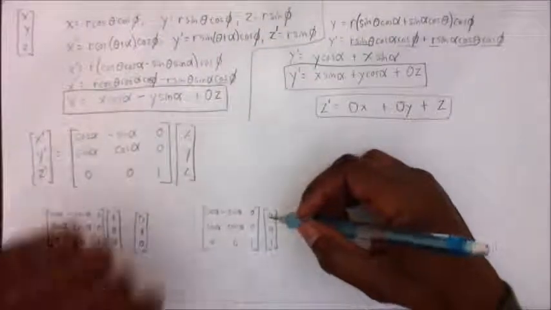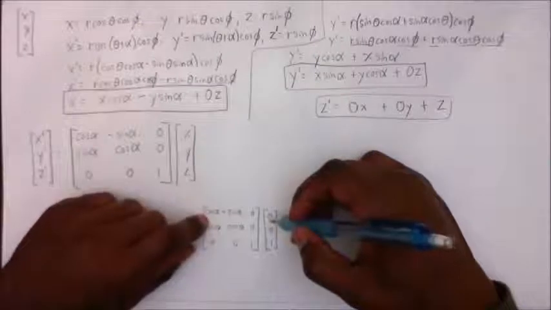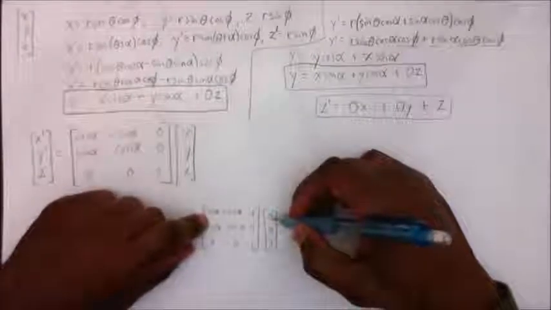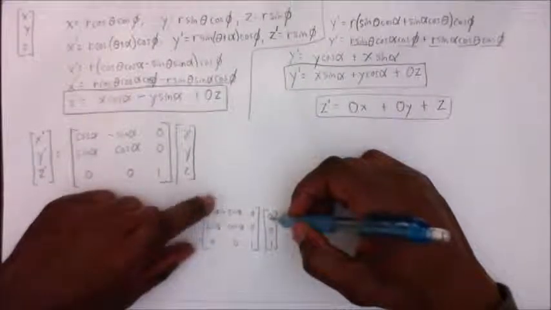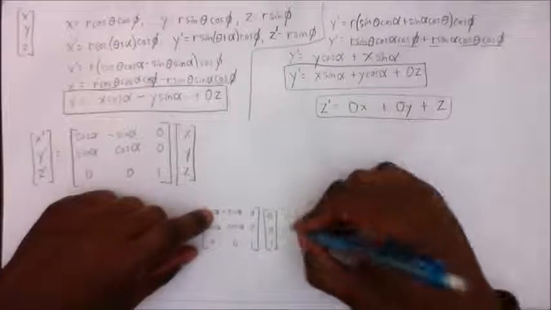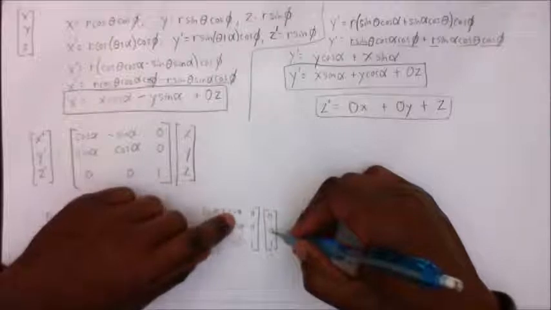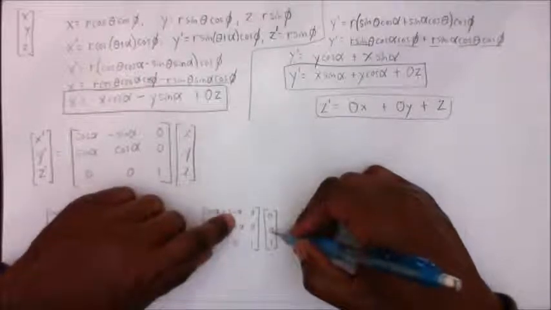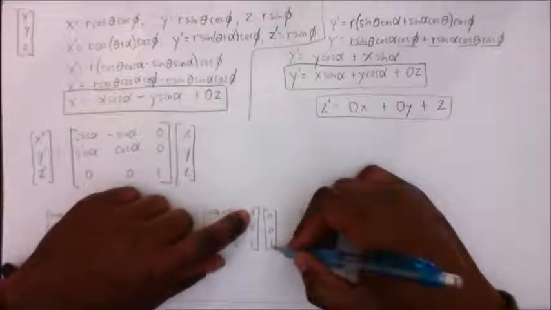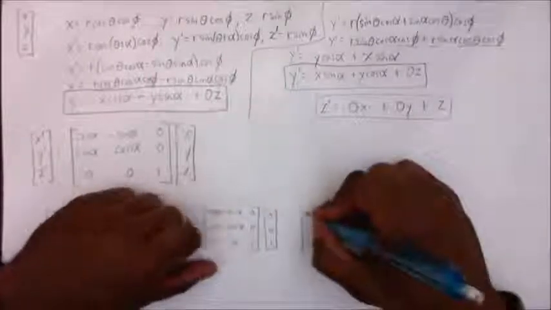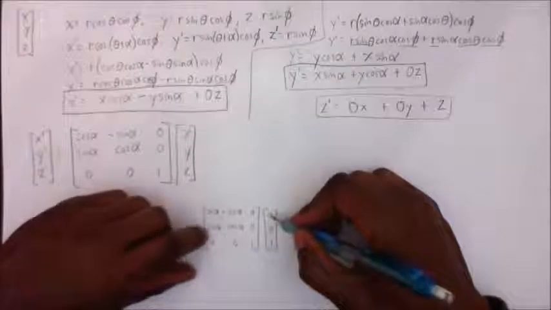Again, cosine of 90 degrees, that's 0 times 0, that's 0, plus 1 times 0, that's still 0, 0 plus 0 is 0, and 0 times 1 is still 0, so the top one is 0. Let's go to the middle one.